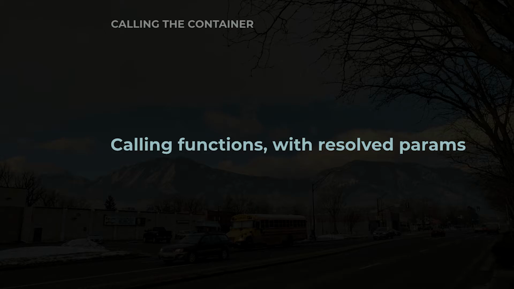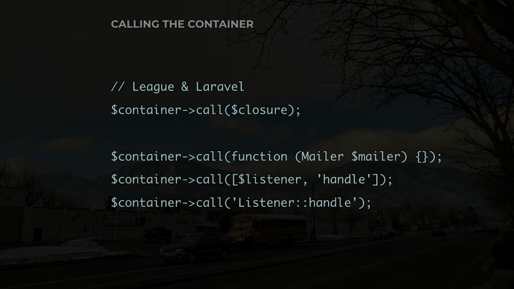Let's just skip this slide. We can also call functions and let the container see what needs to be injected here. How does this work? For example, we have an anonymous function, this function mailer. It needs to be called. But we just want the container to resolve whatever is needed to call this.